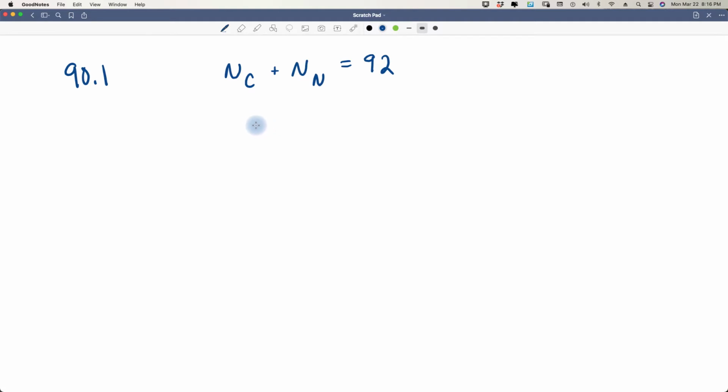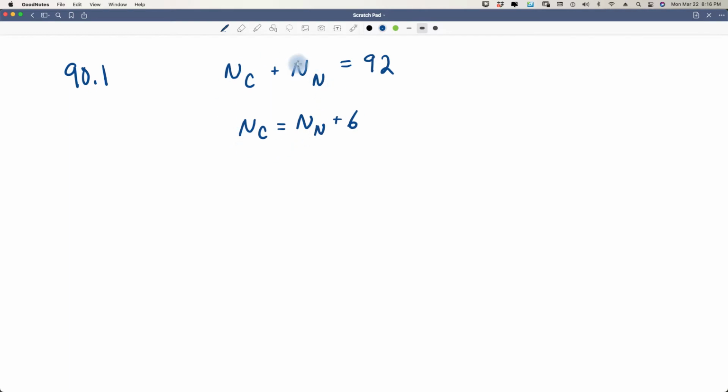So Charles picked 6 more than Nell picked. So that means that the number Charles picked equals the number Nell picked plus 6.